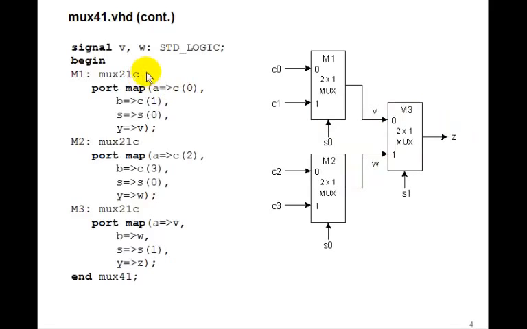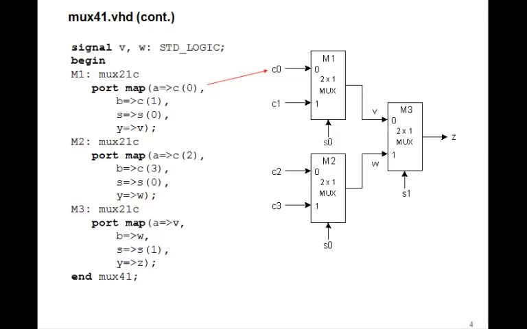And now, remember in the port map statement, the values on the left-hand side here, A, B, S, and Y, are the component names. That's the name of the component that we had for the 2-to-1 MUX. So each one of them has A, B, S, Y. And we just have to wire them up.